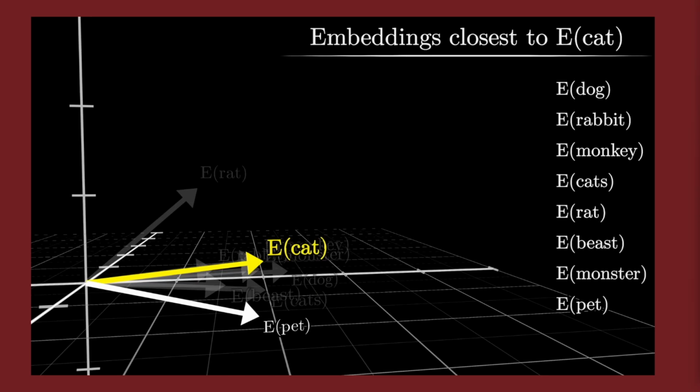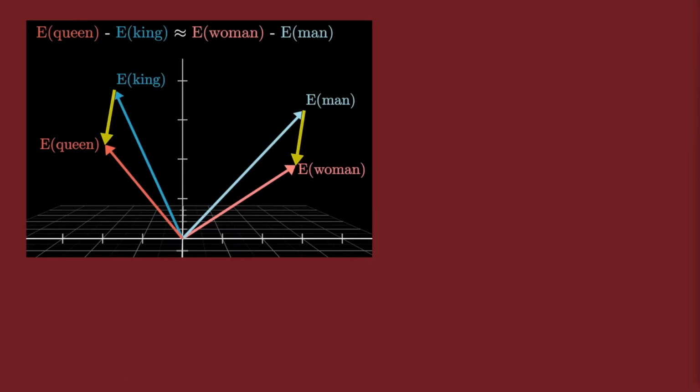Now, here's where things get really interesting. Since words are now represented as vectors, we can do math with them. The famous example is king minus man plus woman equals queen. Why does this work? Because AI learns patterns in how words relate to each other. If king and queen have a similar relationship as man and woman, then their difference in vector space captures that relationship.